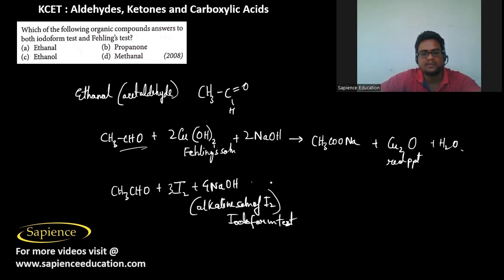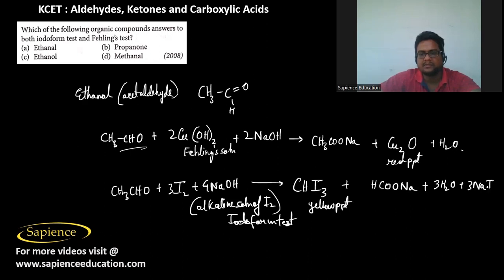Here iodoform will be formed, which is CHI3, a yellow precipitate, and then sodium methanoate will be formed, HCOONa, and 3H2O and 3NaI, sodium iodide.